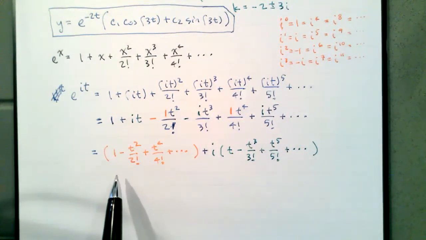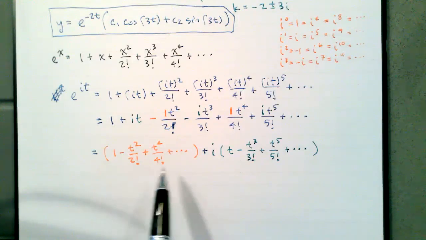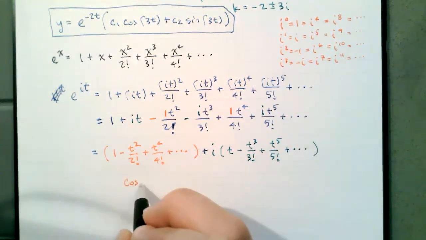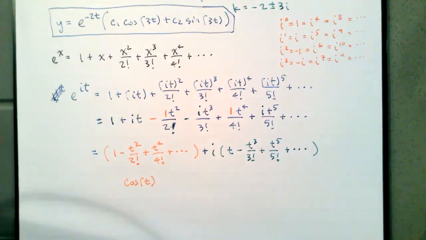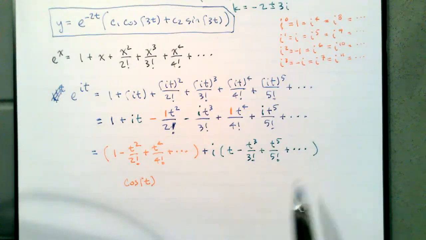Now, if we notice that the real part of e to the it is cosine of t. The imaginary part of e to the it is the odd one. It's sine.